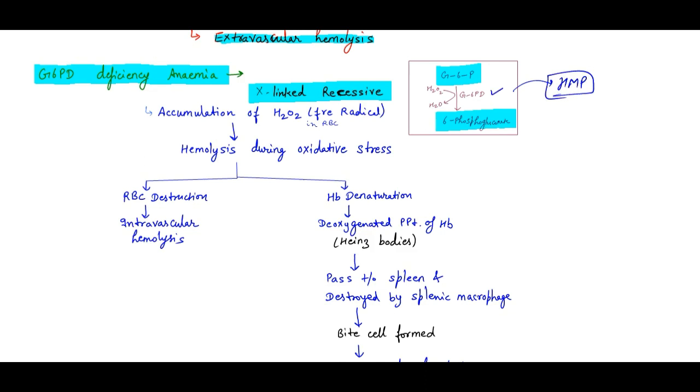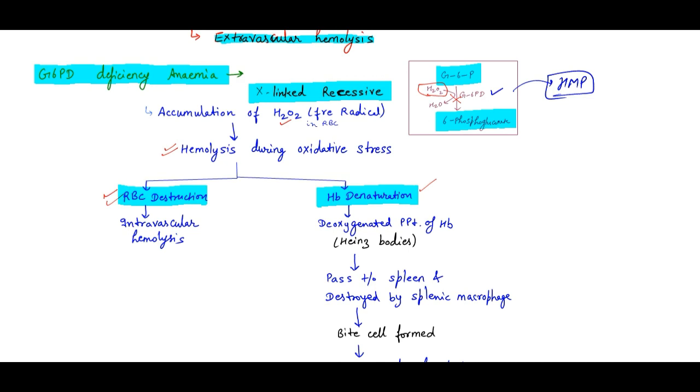become H2O. But if this does not occur, then there is accumulation of H2O2 free radicals in the RBC, and due to the stress of the free radicals, hemolysis will occur. Due to hemolysis there is RBC destruction as well as hemoglobin denaturation. So two things will occur: RBC destruction and hemoglobin denaturation.